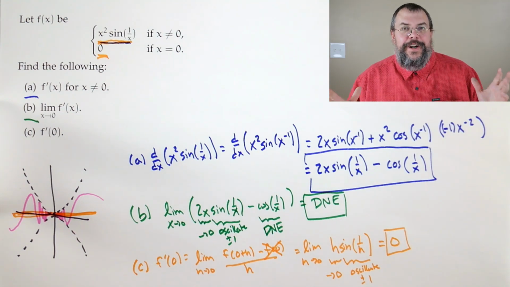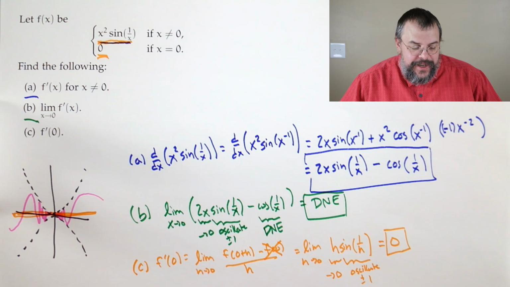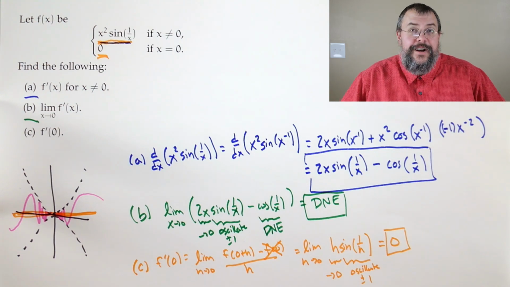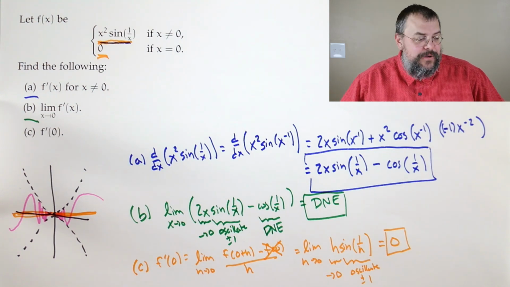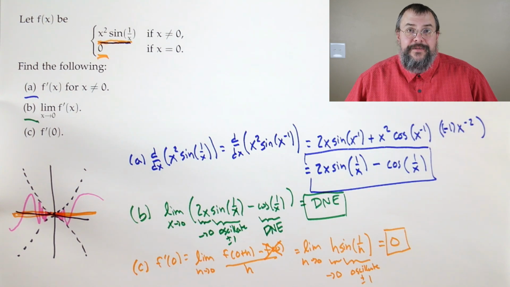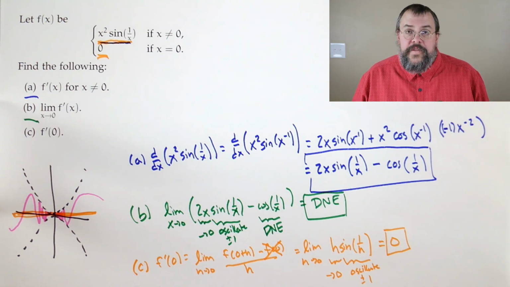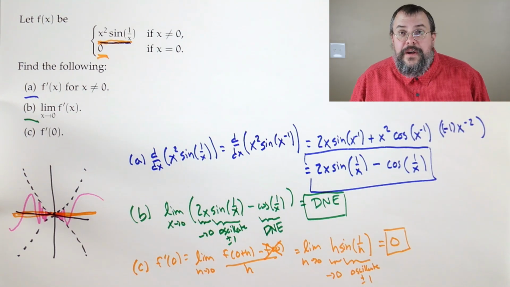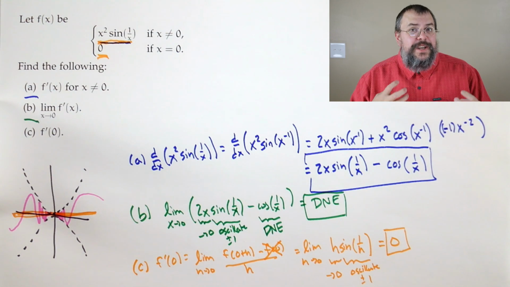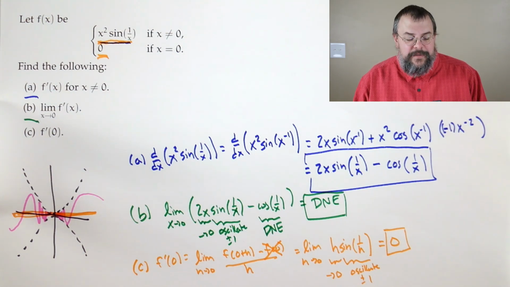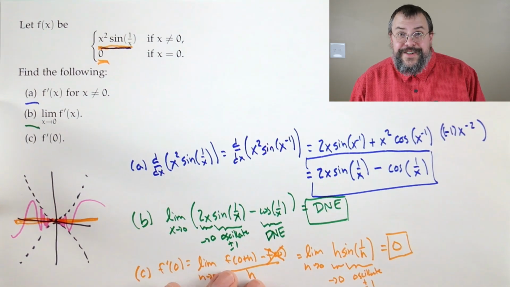So if you've ever wondered why mathematicians bend over backwards to be really careful about what's true and what's not true, it's because of problems like this. Because we've been burned in the past. Things that look like they should be straightforward and easy or obvious can, in some really weird cases, turn out to be not so clear and not so obvious. So we've got to be careful. That's why we do the work. Interesting stuff.